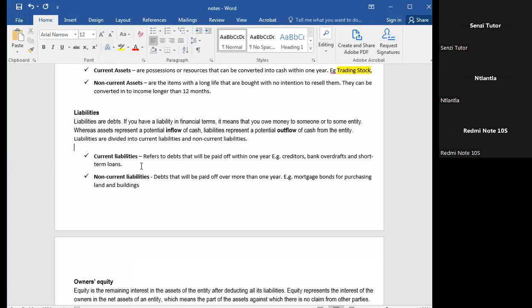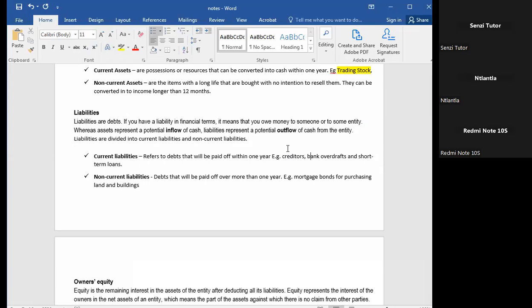For example, we have creditors. We have bank overdrafts, and we have a short-term loan. And now the question is, what are the creditors? Creditors are people who provide goods and services to the entity on credit. Therefore, the business can buy something somewhere on credit.